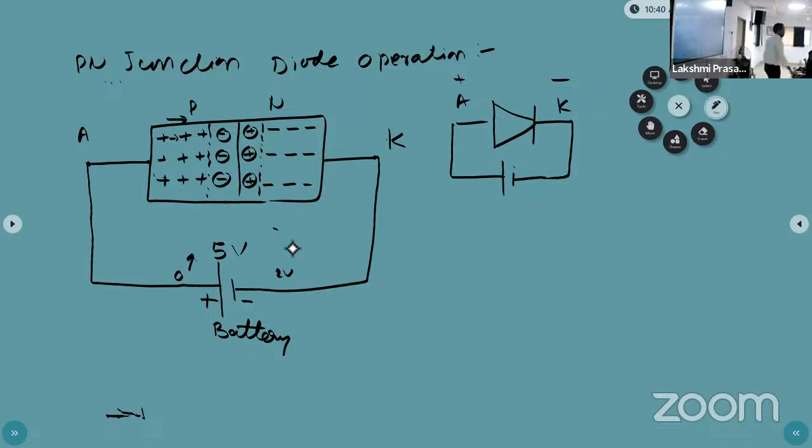What will happen in the junction or barrier? Electrons are moving from N-type to P-type and holes from P-type to N-type. Then what will happen in the junction? Now I can take a book here. I am applying some force from this side and another force from this side. Then what will happen?